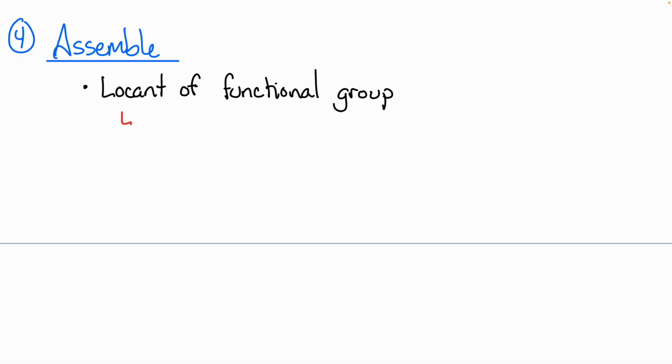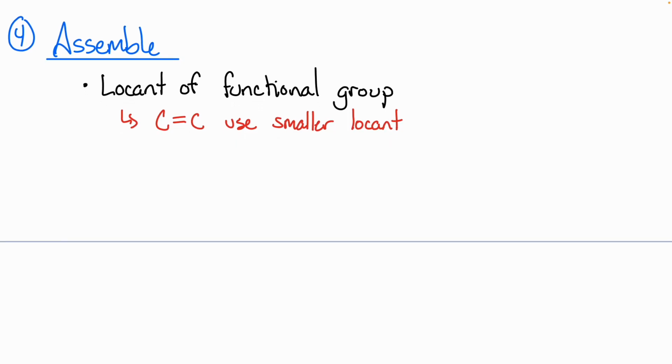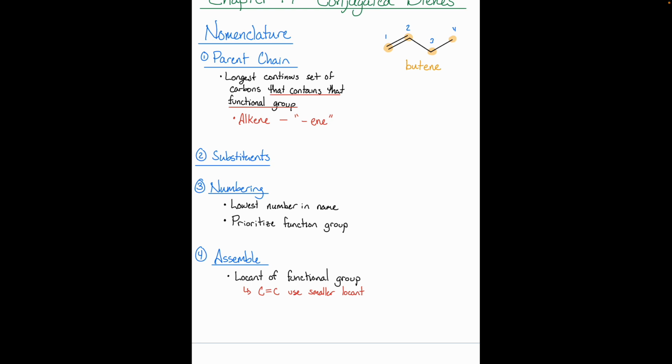So specifically for our carbon-carbon double bonds, we use that smaller locant. So this molecule here was butene, but we have to indicate the location of that double bond. This would be 1-butene.